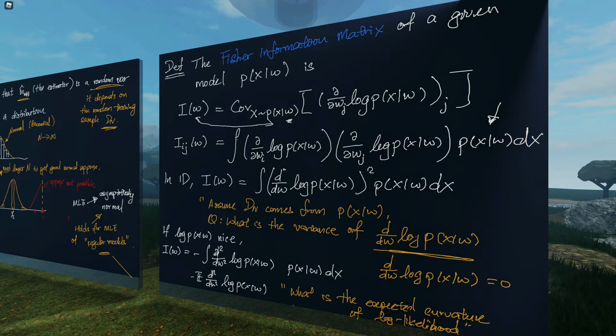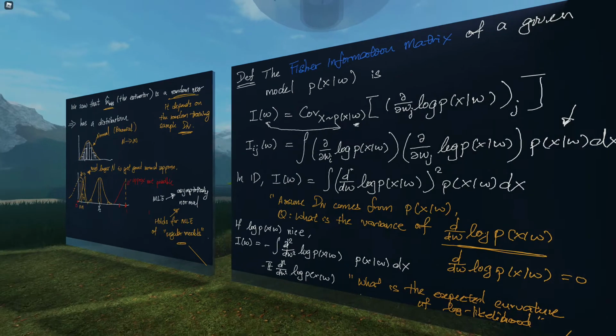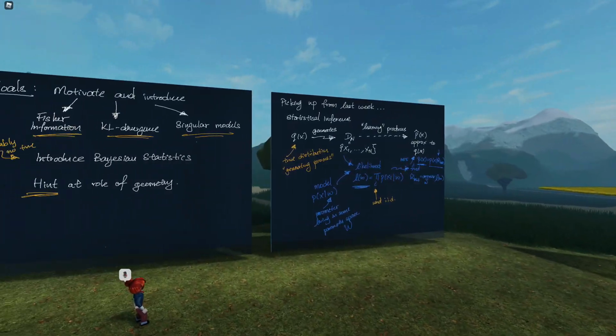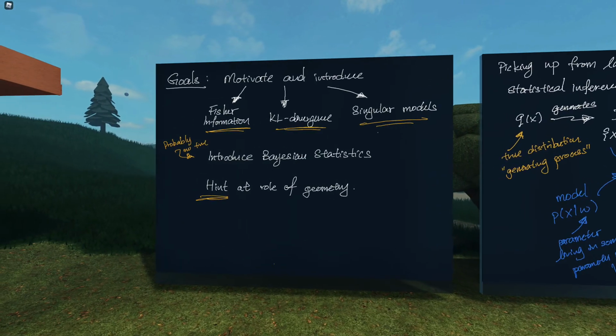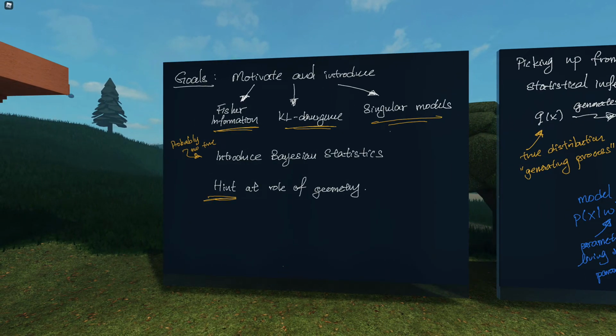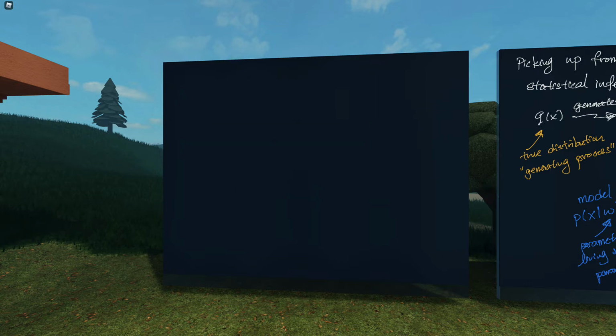Let's move to the first board again, and I'll give a few examples of the Fisher information. Okay, let's give the example using the model that we have been discussing throughout, which is the coin toss model.